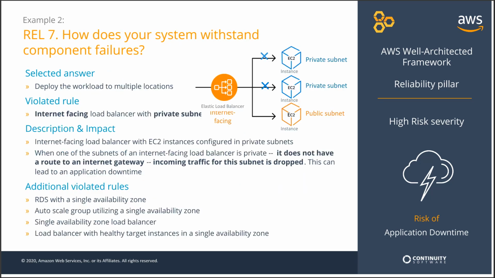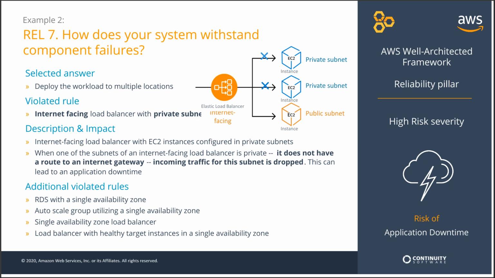The second example is also related to the reliability pillar on the Well-Architected tool. This is question number 7. How does your system withstand component failure? And the answer selected was deploy the workload to multiple locations. For this specific question, several rules were violated.